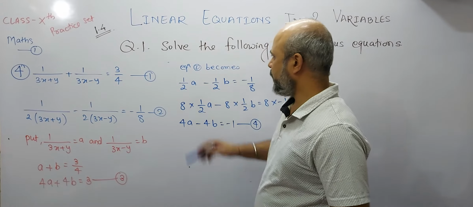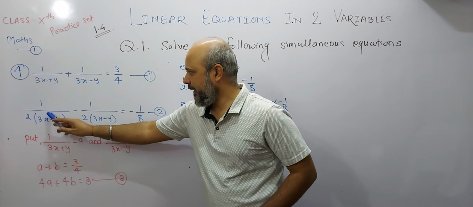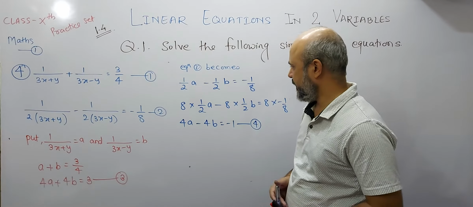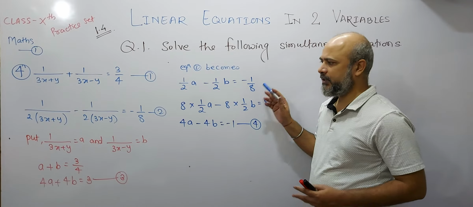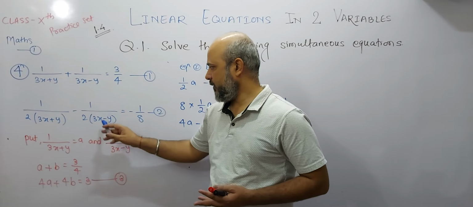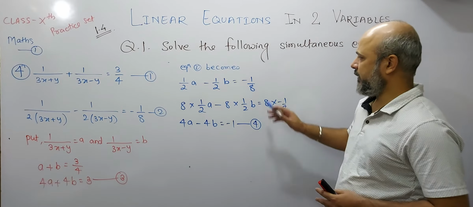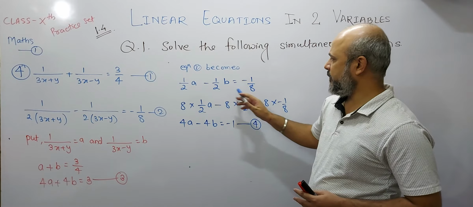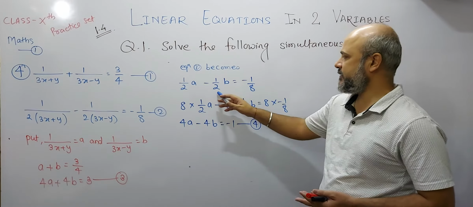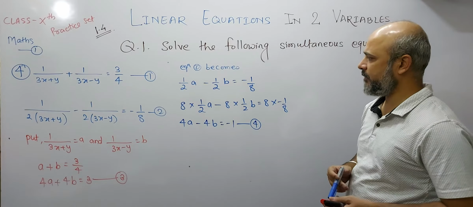Now what is equation 2? So you get 1 upon 2a minus 1 upon 2b, and this is equal to minus 1 upon 8, because we have substituted 1 upon 3x plus y is equal to a and 1 upon 3x minus y is equal to b. Now students, we take the LCM of 8 and 2. LCM of the denominators will be 8 only. So you multiply on both sides by 8.